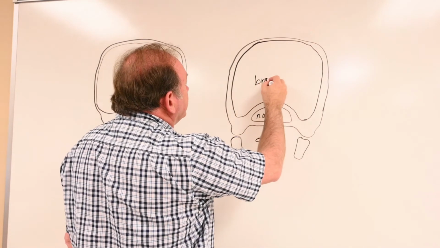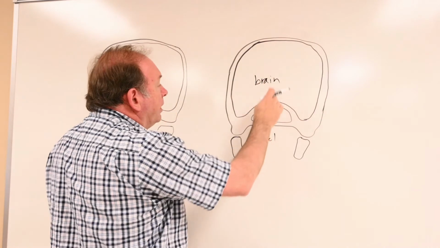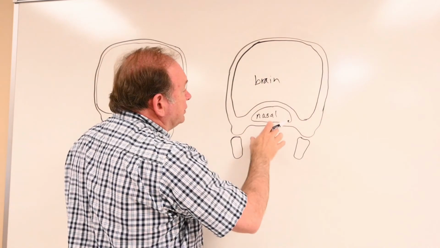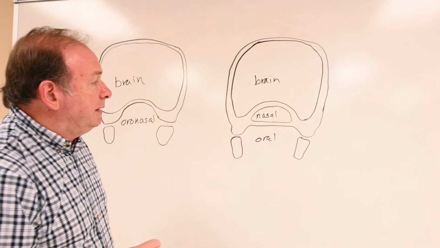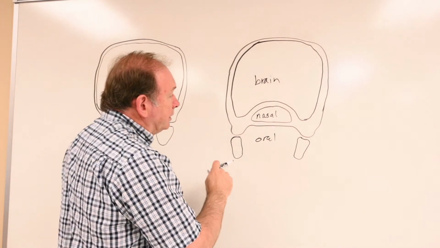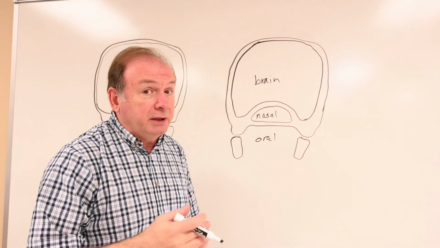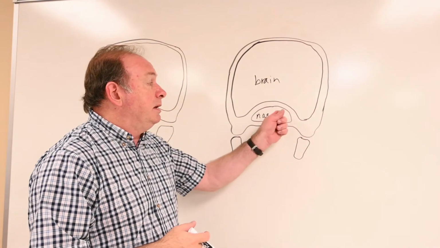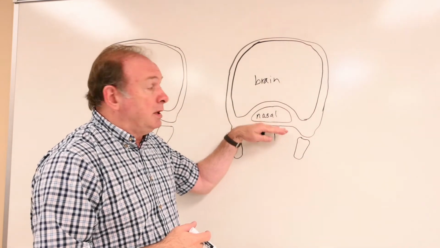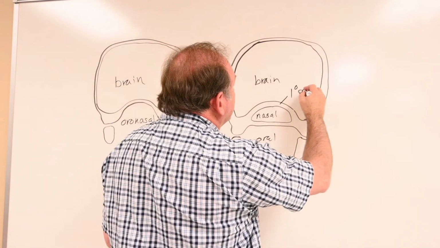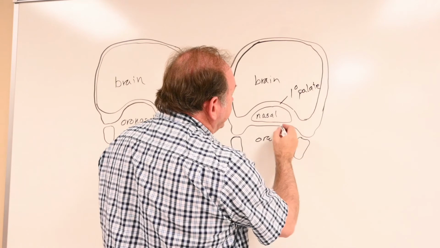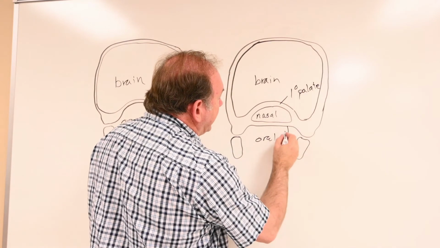And of course your brain's still up here, so your brain space inside your skull, then the nasal cavity, then the oral cavity. So if you're a bird, a lizard, a snake, an amphibian, you don't have this separation here. This is the primary palate. This is a secondary palate.